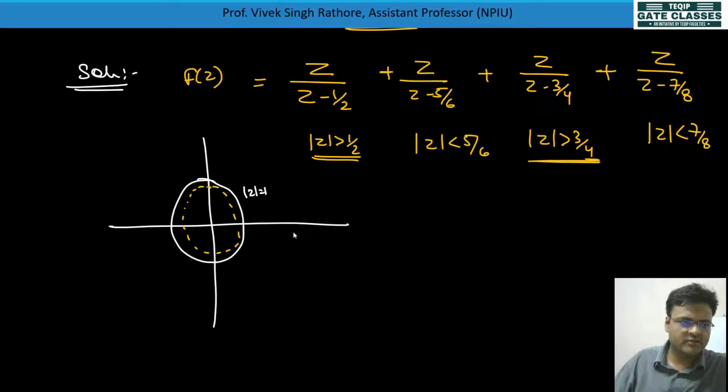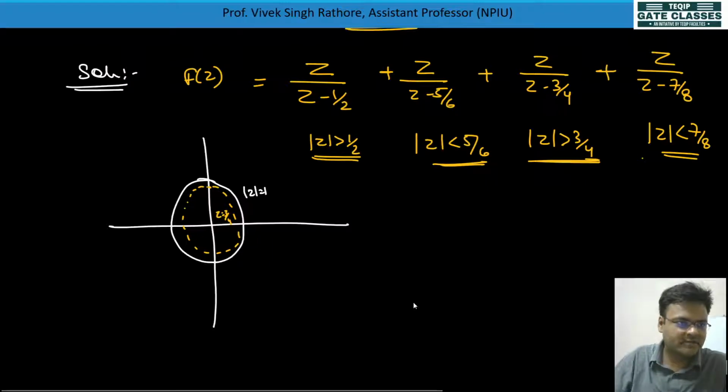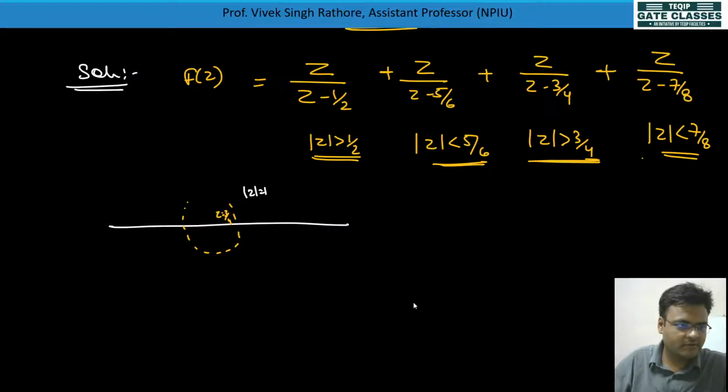When two signals are left sided, the ROC will be inward, for the least pole. So 5 by 6 and 7 by 8 are there. 5 by 6 is smaller and 7 by 8 is bigger, so obviously the 5 by 6 circle is there. Okay, I have made it like this, I'll rub it and make it anew.